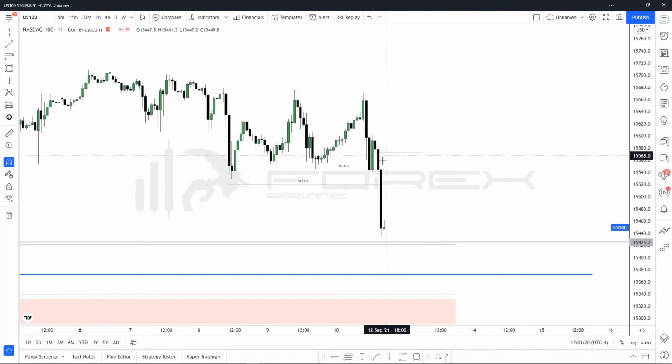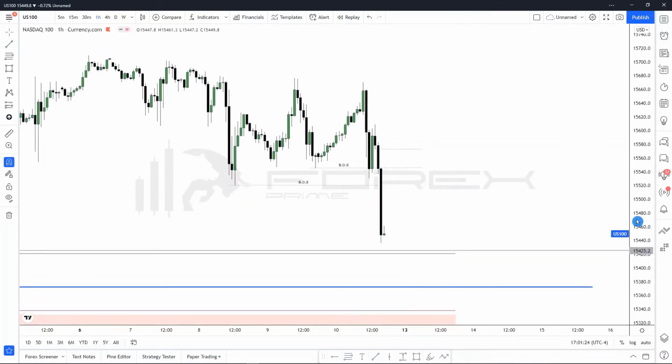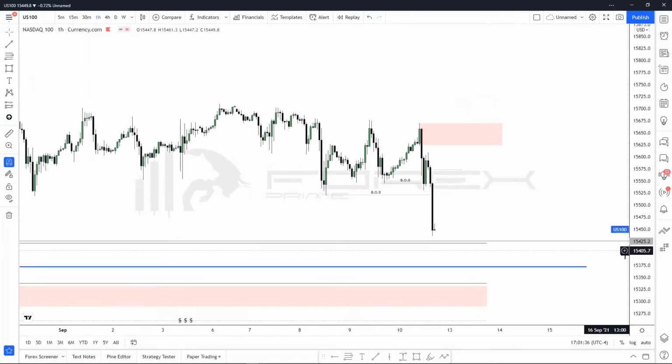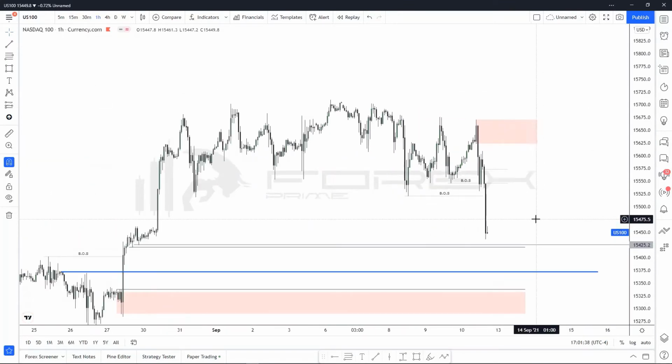And then we do have a potential order block right above there, so that's another area which I will be looking at.